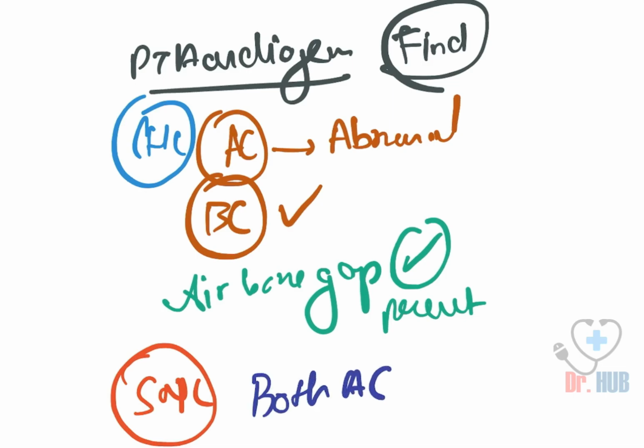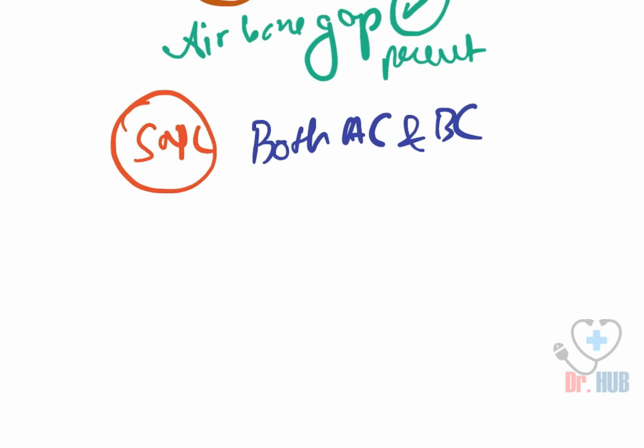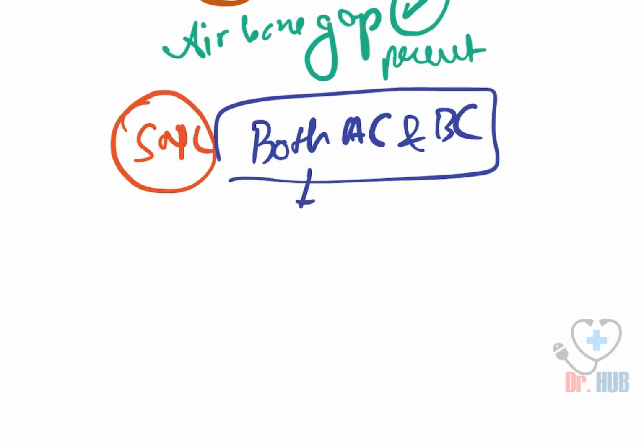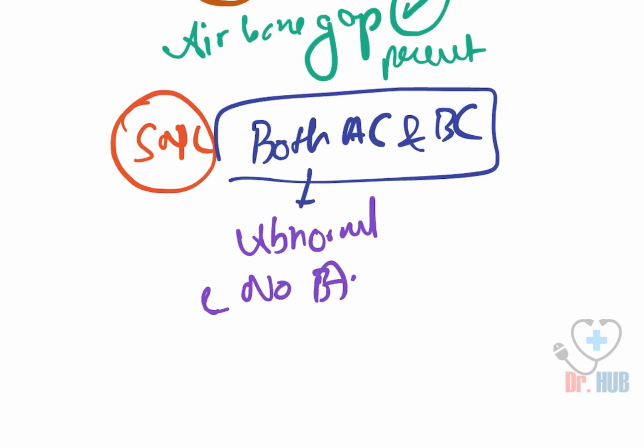Next is in case of SNHL, that is sensory neural hearing loss. Here both the AC as well as the BC, the air conduction and the bone conduction, are abnormal, and there is no air-bone gap.